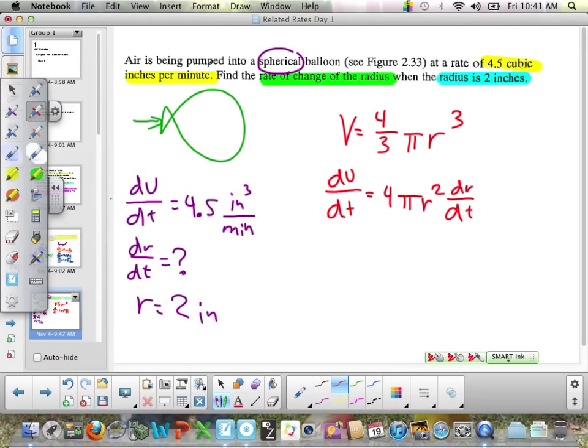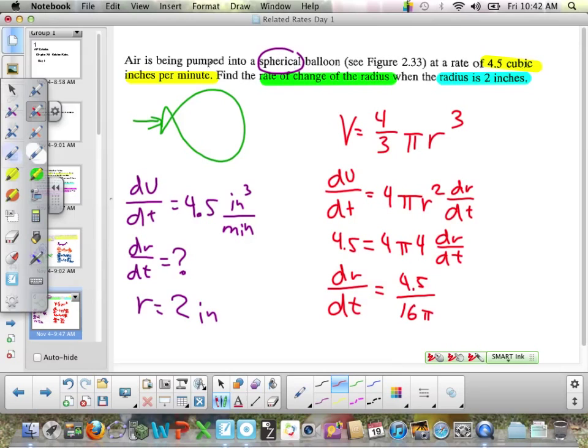So plugging in what we know, 4.5 equals 4 pi r squared, and 2 squared is 4, times dr dt. And so now to solve for dr dt, we're going to divide both sides by 4 pi times 4. Our change in radius with respect to time is 4.5 divided by 16 pi inches per minute.